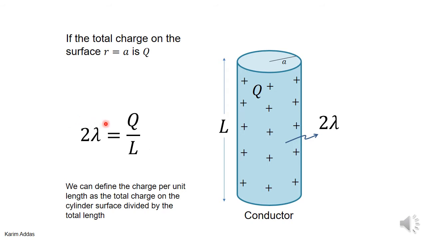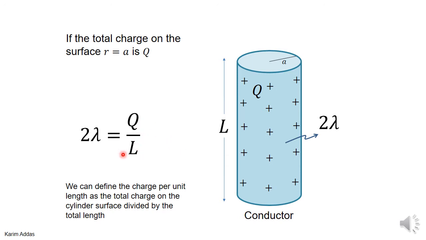So that's what we mean by charge per unit length. It's simply the total charge as you go down. It's not charge on a line, on a contour anymore. It's charge on a surface. As you go down, you calculate the total charge on the surface and divide by the length that you went. That's what the charge per unit length is.